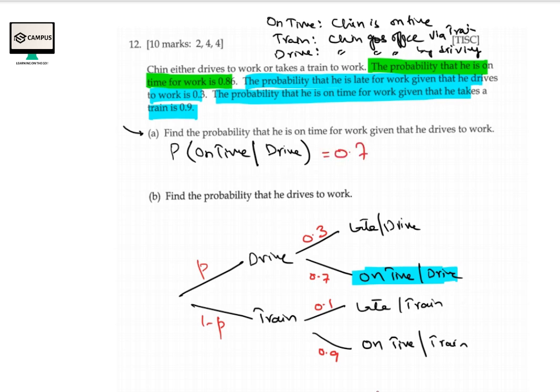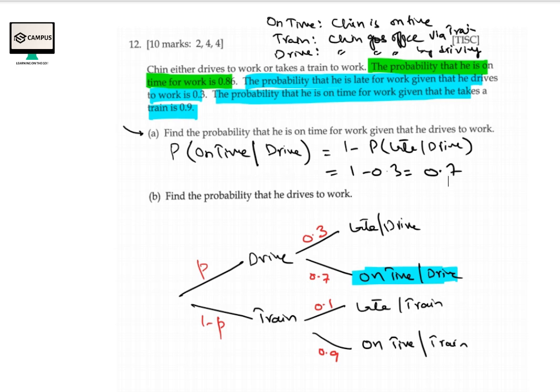We already found that out, but essentially, if you were to mention that in part A, you could have said that this is equal to 1 minus the probability of being late at office given that he drives, and that was 0.3. So this is 0.7. So that's for part A.